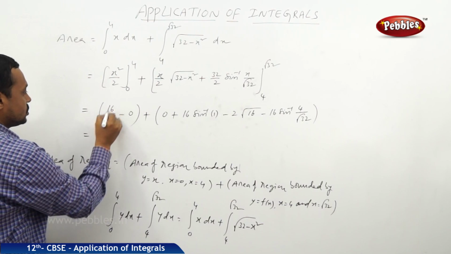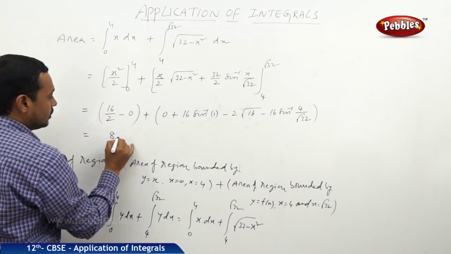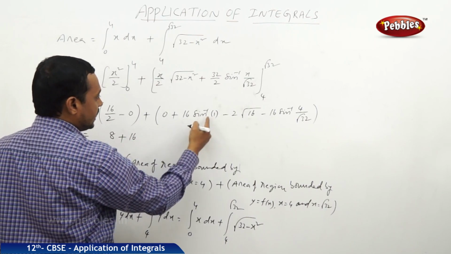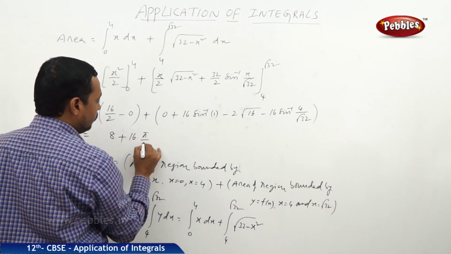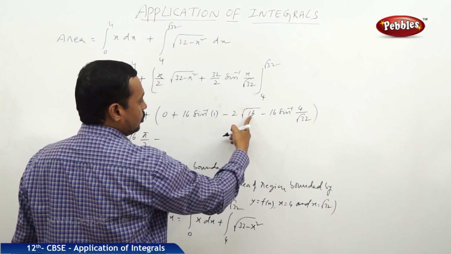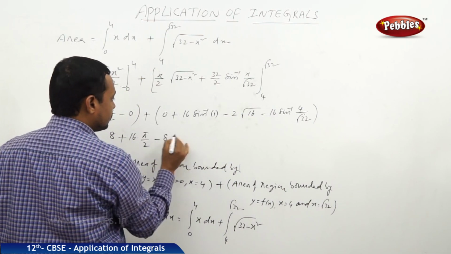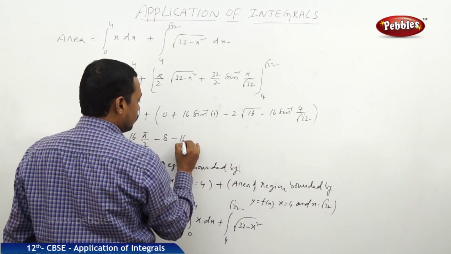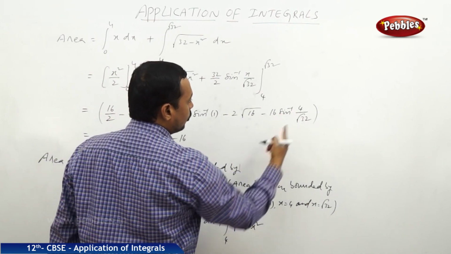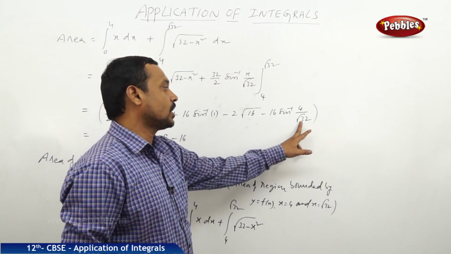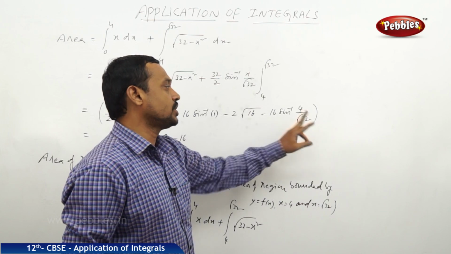Now this is 16 by 2 is equal to 8 plus 16 into sin inverse 1 is equal to pi by 2, minus 2 into root 16 is equal to 4, 4 into 2, 8, minus 16 into sin inverse 4 by root 32. What is root 32 value? Root 32 is equal to root 16 into root 2.